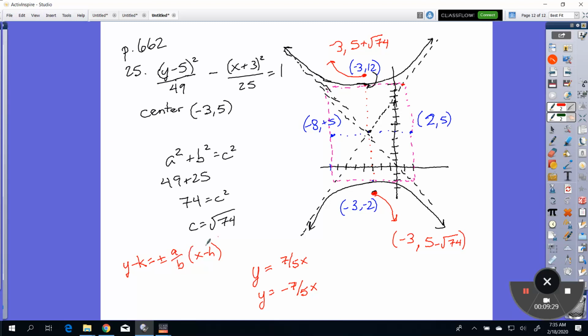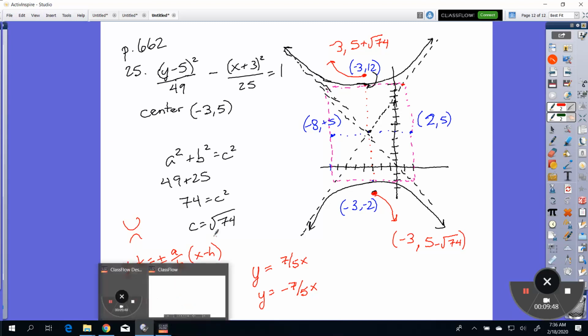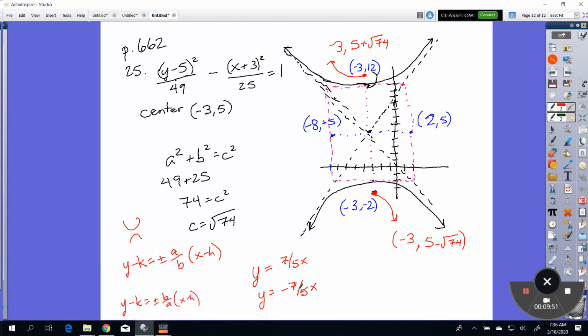The one that opens the other way, the a and the b are flipped. For the one that opens sideways, it's b over a. I just remember to go rise over run, and then you don't have to worry about which one's a, which one's b. So that's how I do that one.